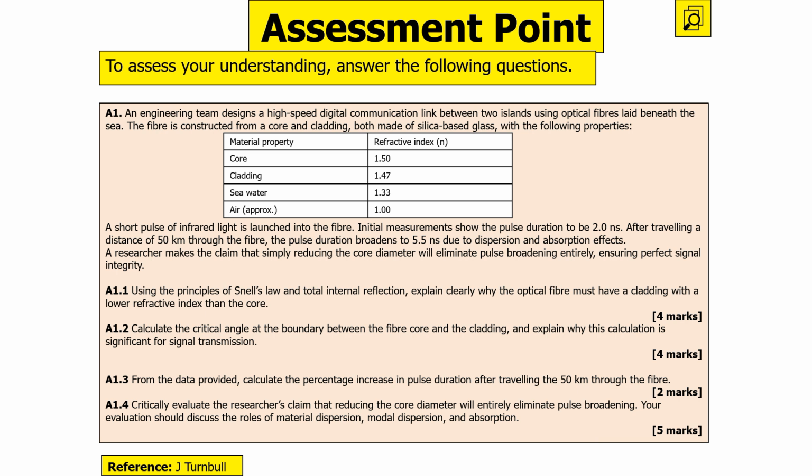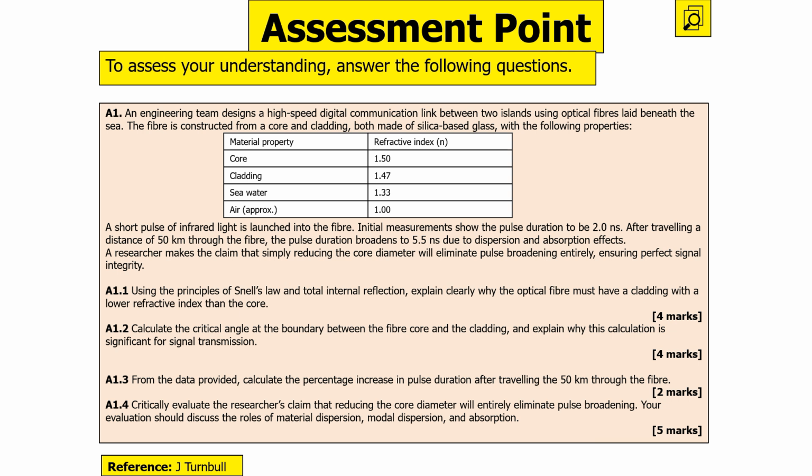and absorption effects. A researcher makes the claim that simply reducing the core diameter will eliminate pulse broadening entirely, ensuring a perfect signal integrity. Use the principle of Snell's law and total internal reflection to explain clearly why the optical fibre must have a cladding with a lower refractive index than the core. Calculate the critical angle at the boundary between the fibre core and the cladding and explain why this calculation is significant for signal transmission.